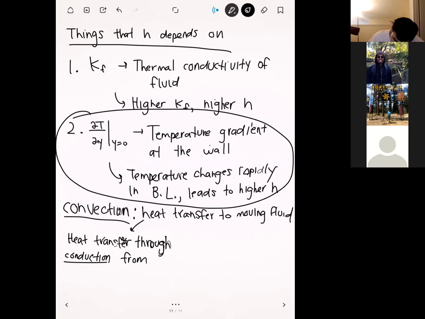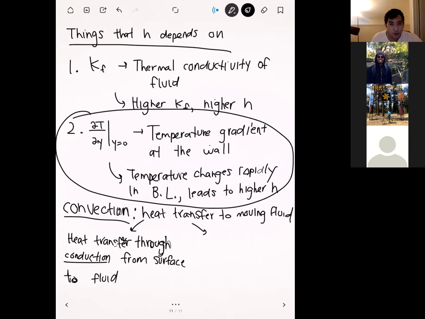We saw that in the boundary layer. Inside the boundary layer, we basically have conduction heat transfer, at least between the layers of the different particles.